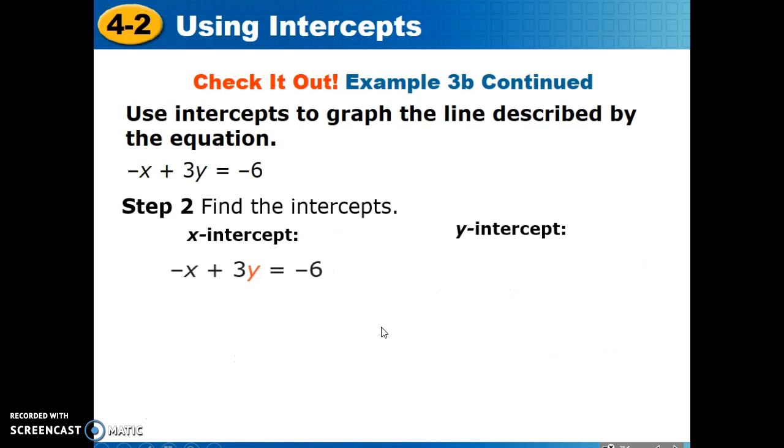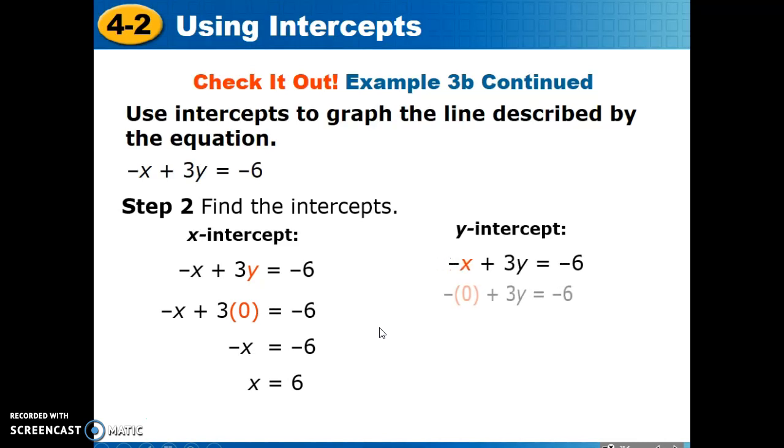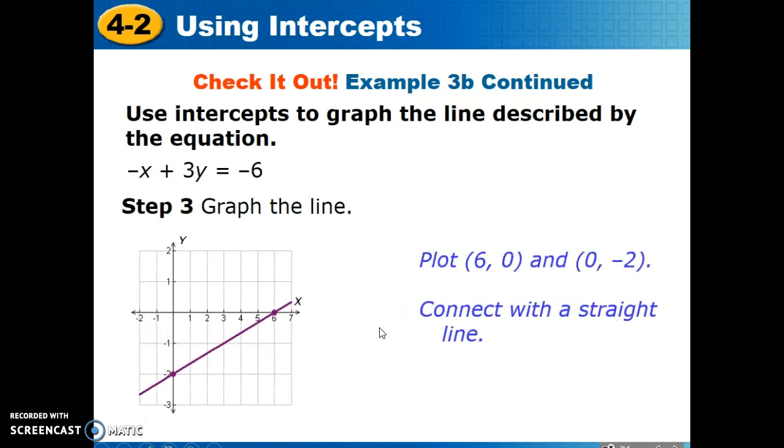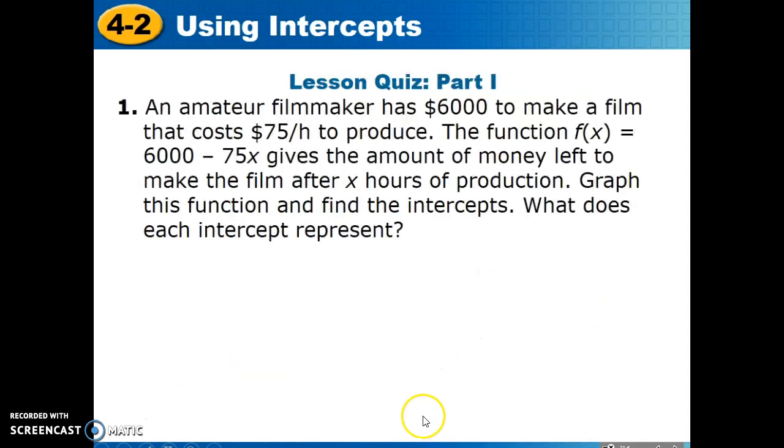Allowing y to equal 0, negative x equals negative 6. Therefore, positive x is equal to positive 6. Same thing for the y-intercept, allowing x to equal 0. We solve and get y equals negative 2. Plotting the points, connecting with a straight line. Graphing has never been this easy.